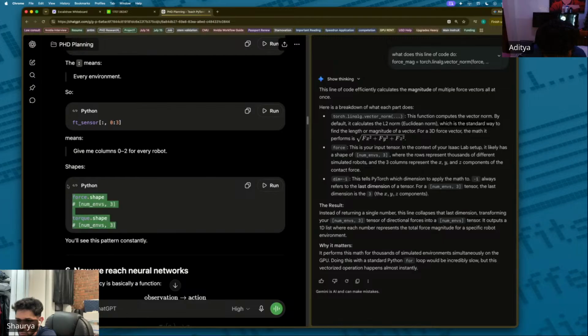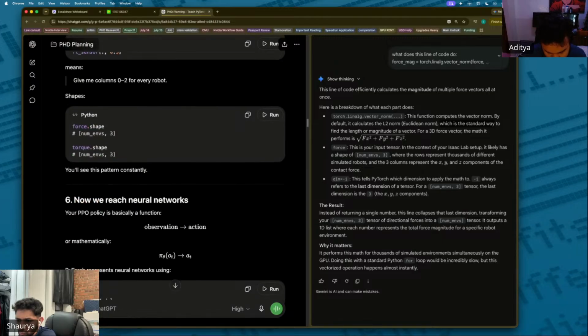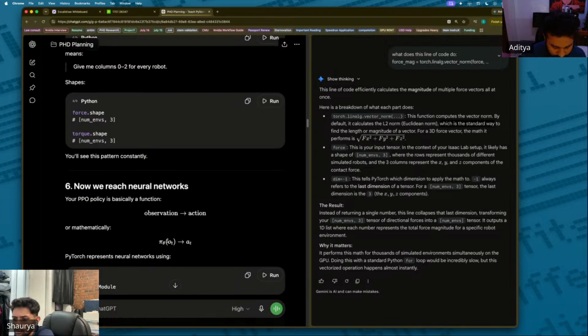Okay, I understand this. Now we reach neural networks. Your PPO policy is basically a function from observation to action, or mathematically, this. PyTorch represents neural networks using the torch.nn module.